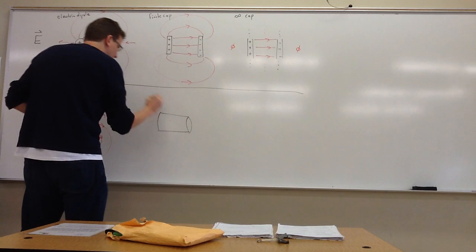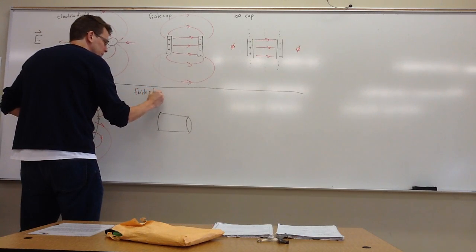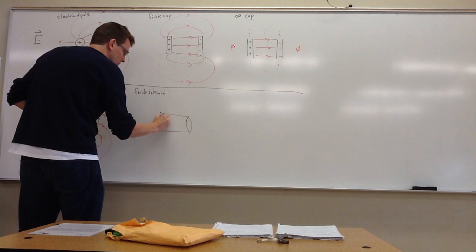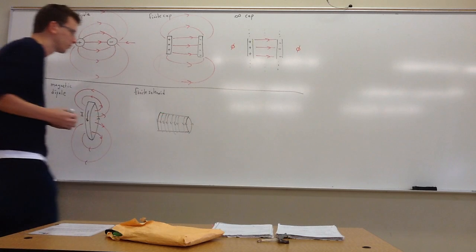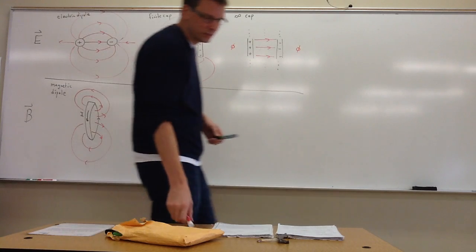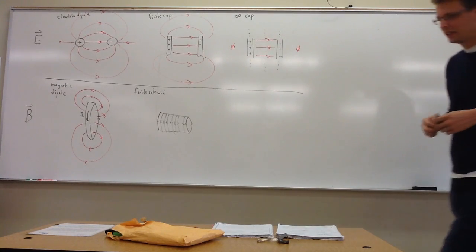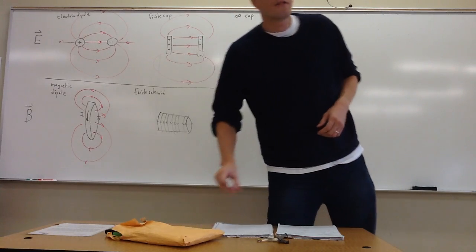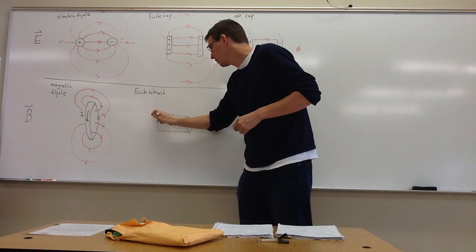So here's a finite solenoid. We're going to take a bunch of these loops, like so. And same deal, if we draw the magnetic field of that finite solenoid, the effect of making it a tube is to kind of make the field look like this.